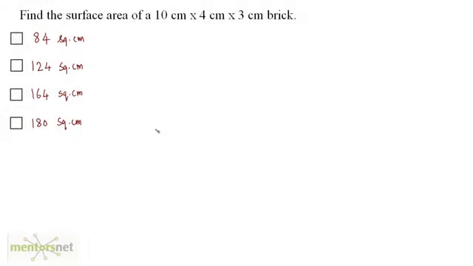Find the surface area of a 10 cm by 4 cm by 3 cm brick. Well, a brick is basically a cuboid, and you have been given the length, breadth and height. And what is the surface area of a cuboid? Well, it is equal to 2 times (LB plus BH plus HL), right?